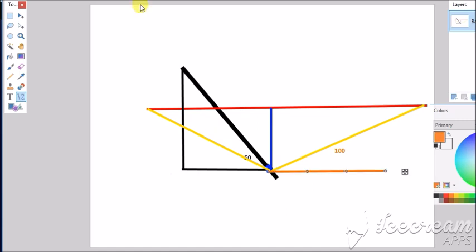Then we have the equatorial plane, or the level of yours. This would be the declination angle of the star, and this angle is equal to this angle, so this will be the declination angle of the star.